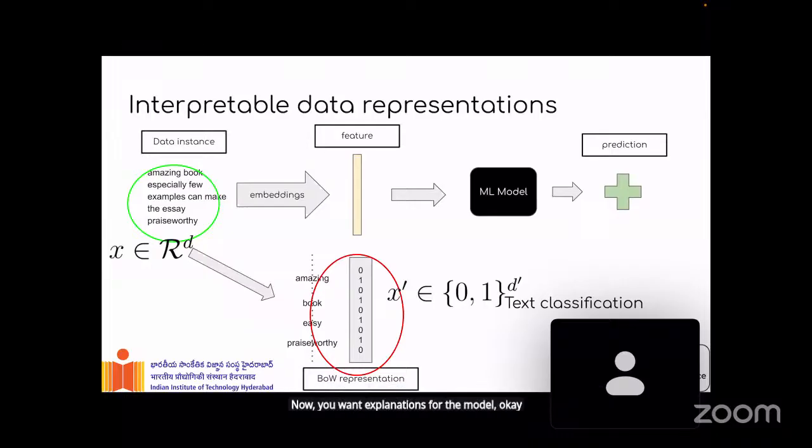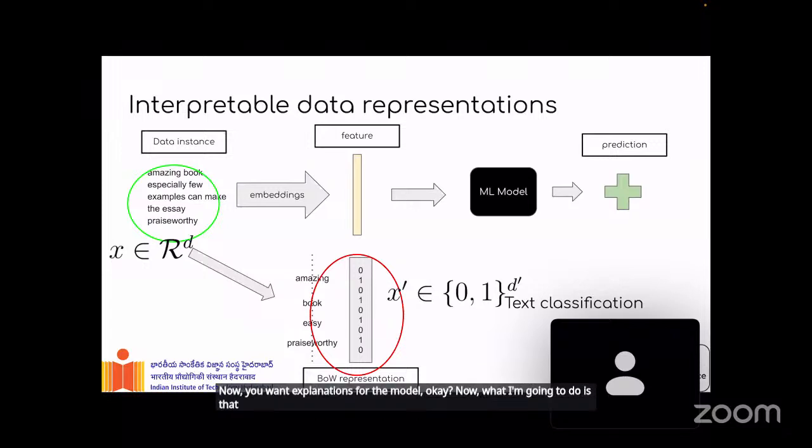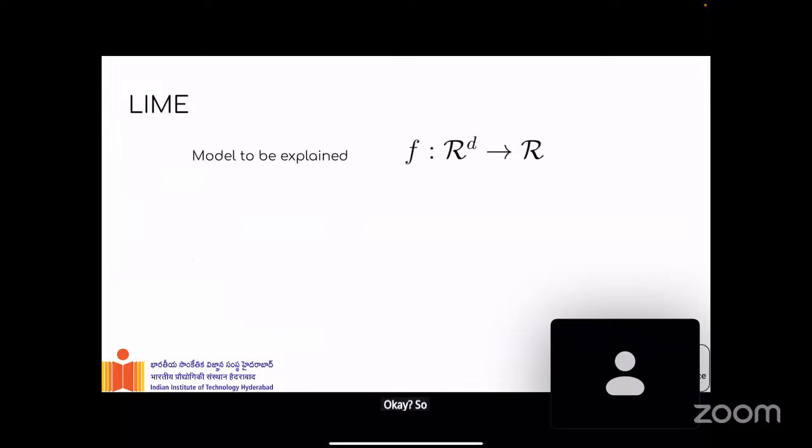Now what I'm going to do is that for all the input, I can provide this X prime representation. X prime representation is a simple BOW representation. So what LIME does is, this is the model you are approximating. If the input is in R^D, a D-dimensional input, the output can be +1, 0, -1.